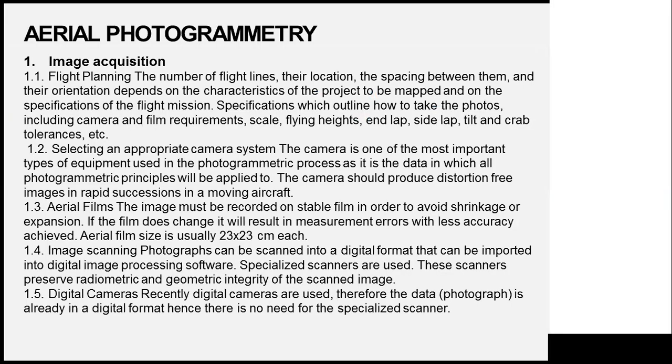Then image acquisition, selecting the appropriate camera system, what camera is to be selected. Aircraft moves with a high speed and drones move with a low speed, right? So different suitable cameras can be used. Nowadays the DJI drones are very much familiar to everyone. You see various videos on YouTube based on these DJI drones.